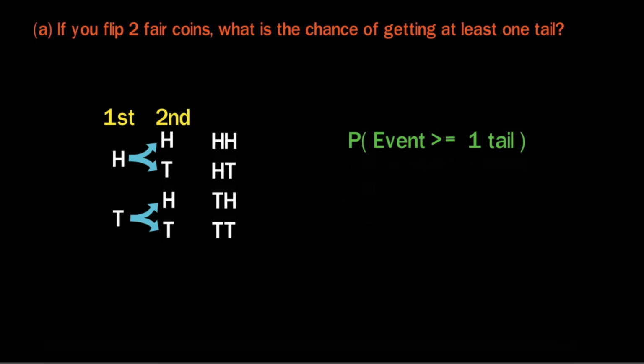So out of the 4 possible outcomes, we have 3 that have at least one T. So it's 3 over 4, which is 0.75, 75%.